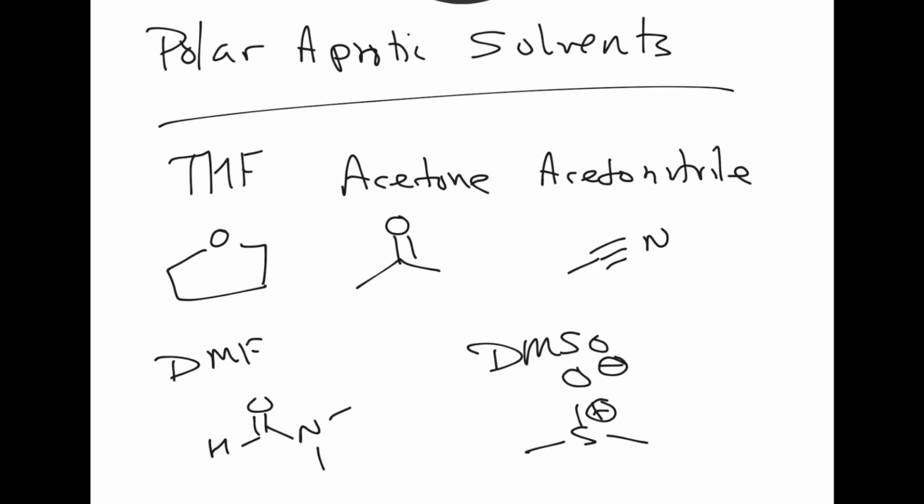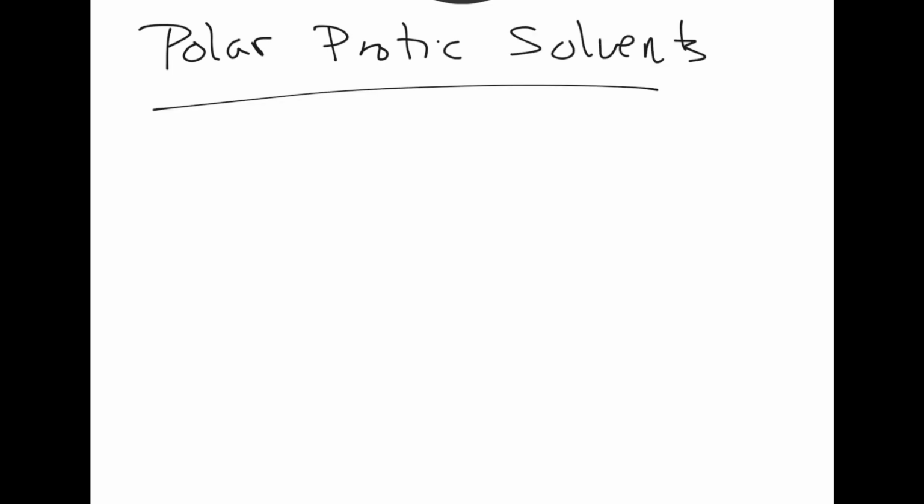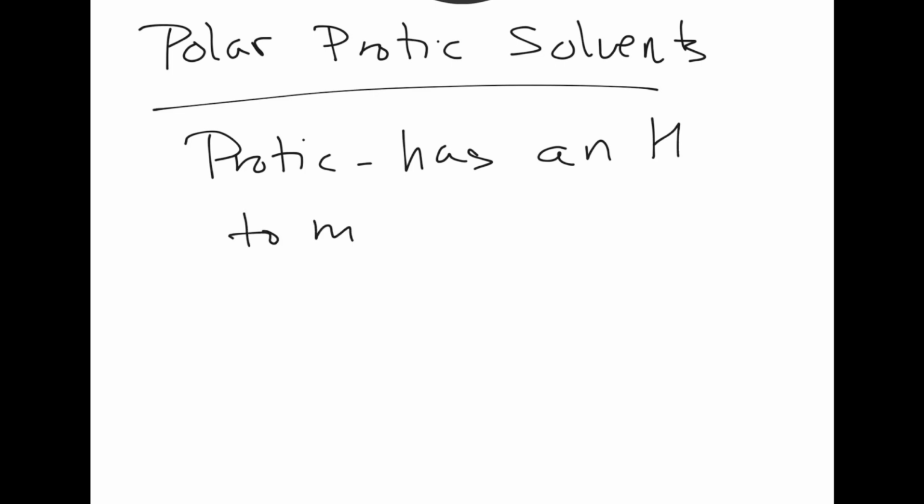So these are your polar aprotic solvents. The other type of solvent are polar protic solvents. And protic means it has a hydrogen to make a hydrogen bond.